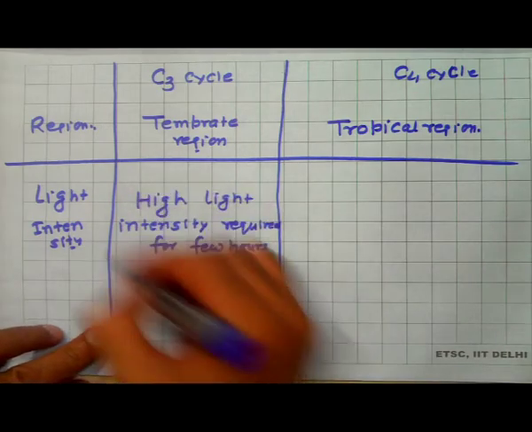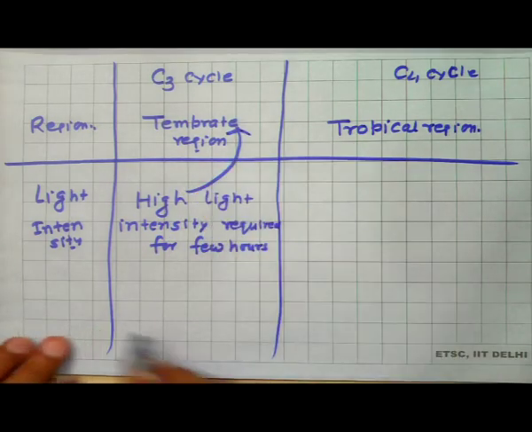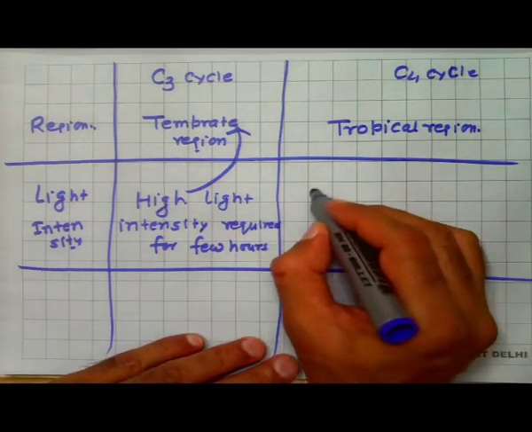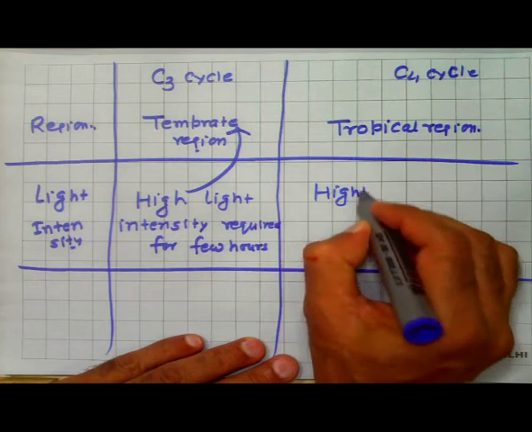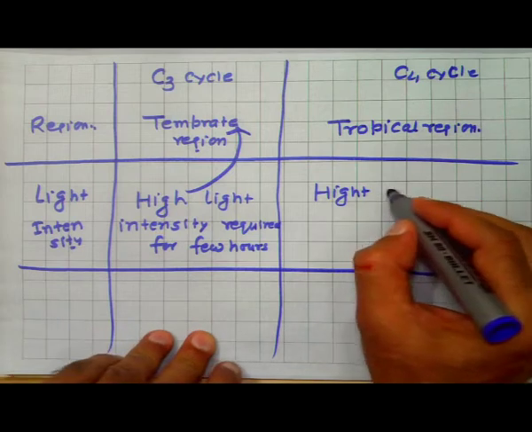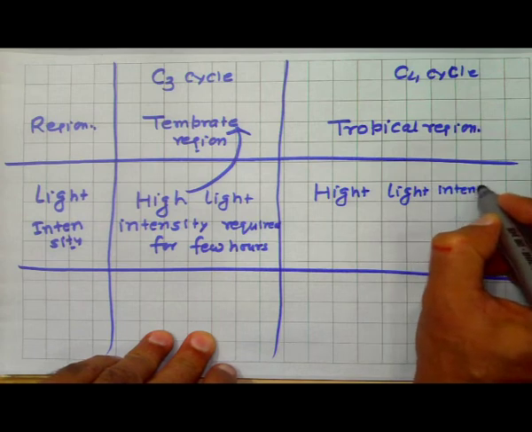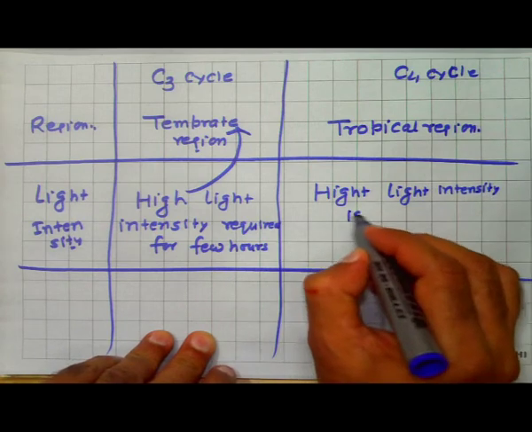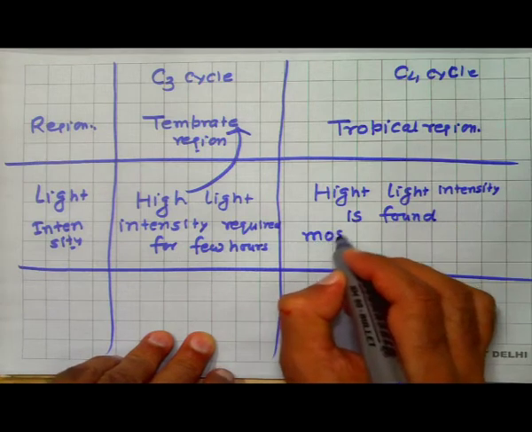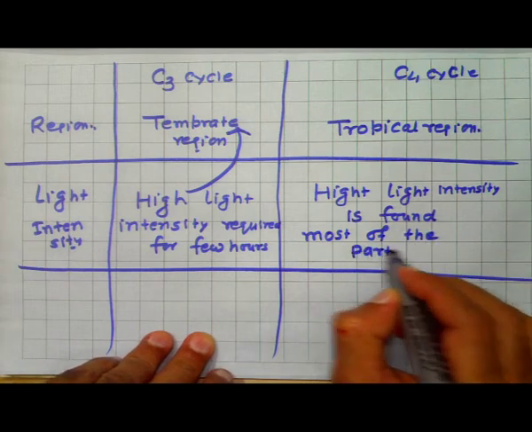So, this type of light intensity is present in temperate region, but in tropical region, high light intensity is found most of the part of the day.